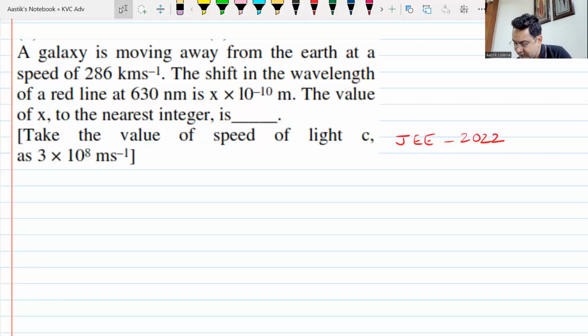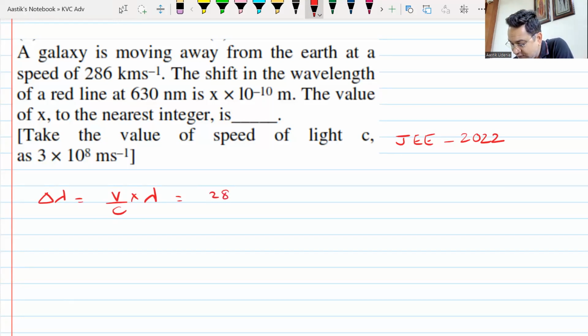So, what is the shift in wavelength? The shift in wavelength delta lambda is equal to V by C multiplied by the original wavelength lambda. Yes or no? Yes. It is 286 kilometers per second.